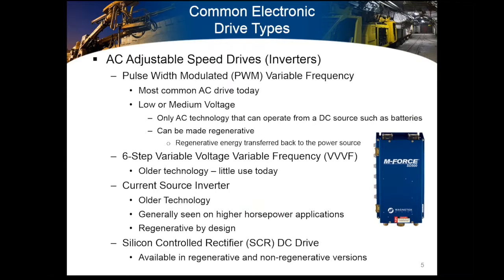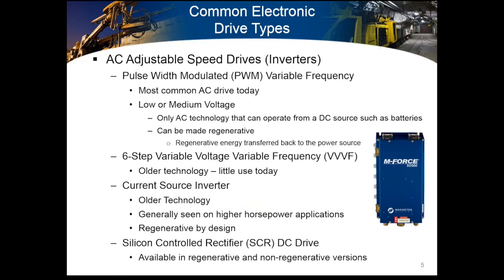Six-step variable frequency drives, it's an older technology. This is a variable voltage. If you think about PWM and variable voltage, it's kind of like an FM signal and an AM signal. The PWM is a fixed amplitude, whereas the six-step is a varying amplitude. Again, it's an older technology, not seen so much today.